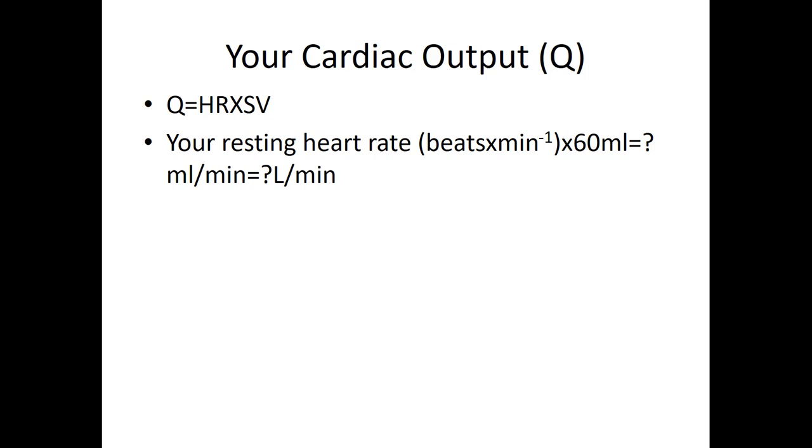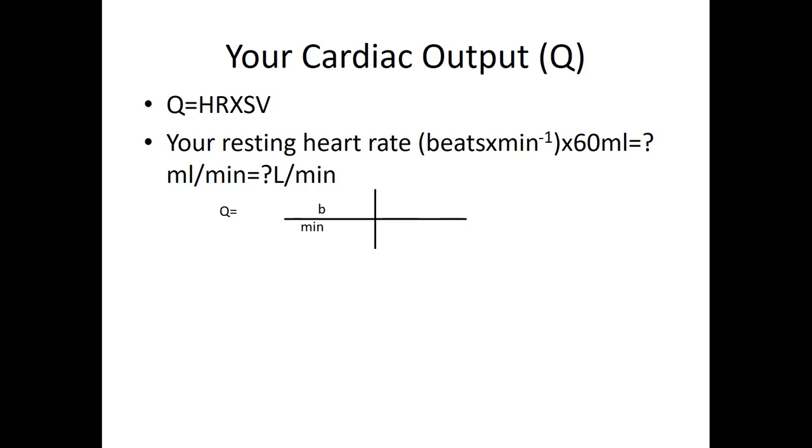And how about calculating your own cardiac output? We don't know your stroke volume, so please measure your heart rate right now and multiply by 60 milliliters, because the average stroke volume is around 60 milliliters. So you can calculate.